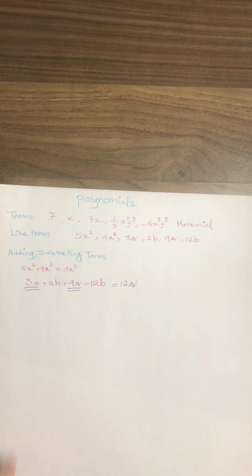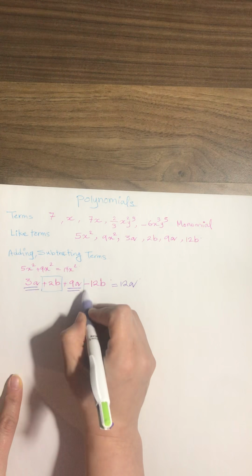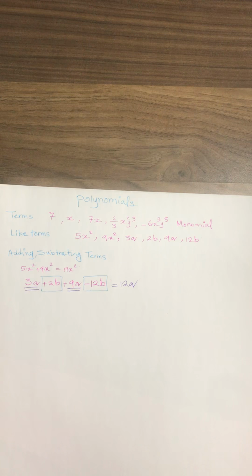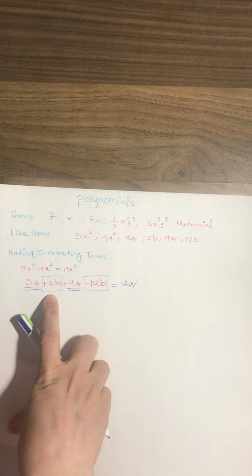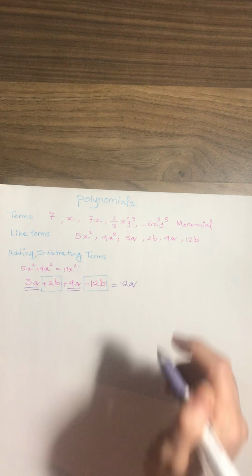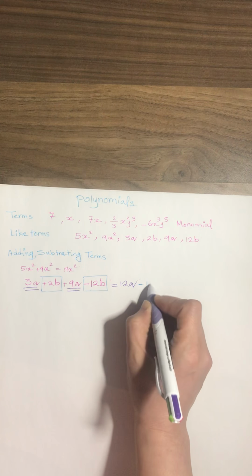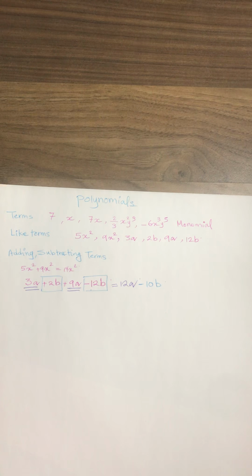On the other hand, I have plus 2b and a minus 12b. Means that I have 2 bananas in my fridge and I need 12 bananas for my recipe. So what's my situation? I need 10 bananas. That is how we add or subtract like terms.